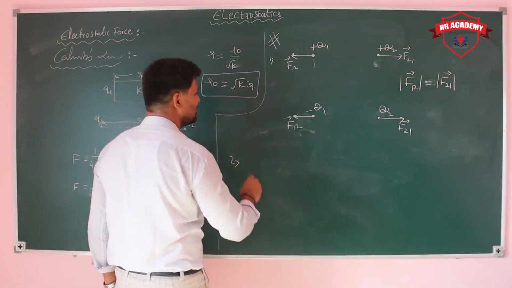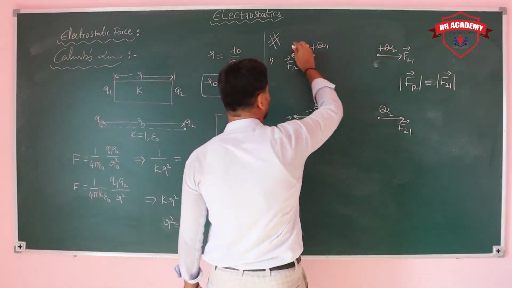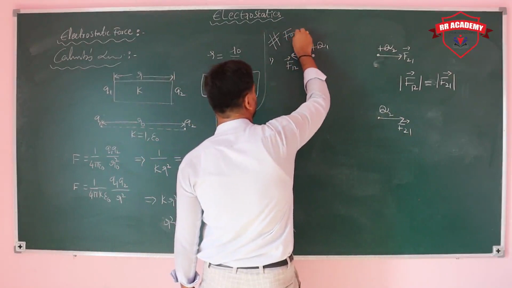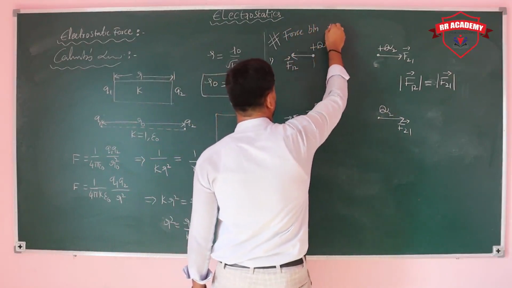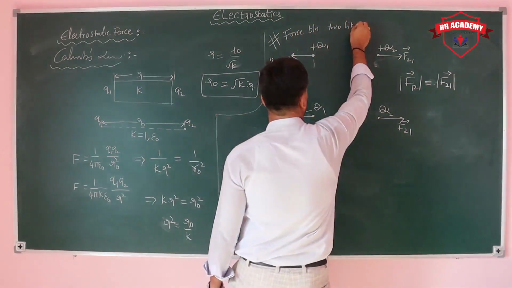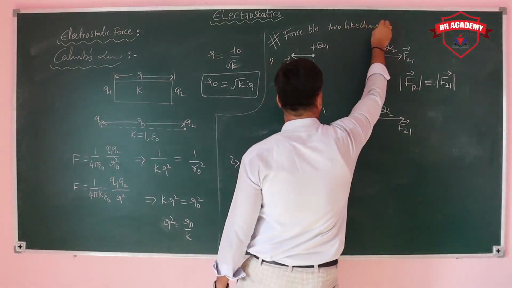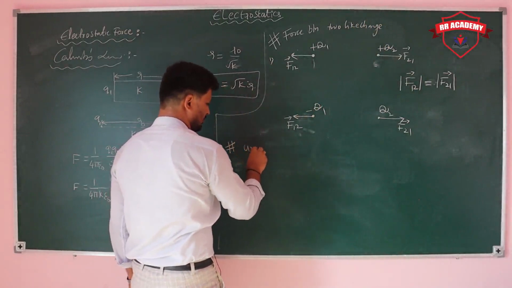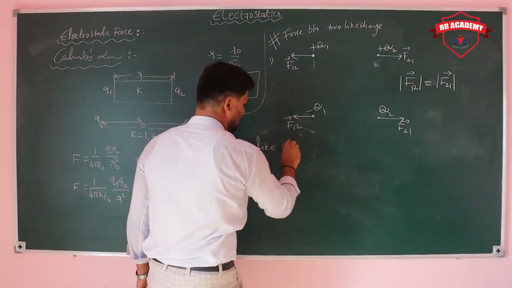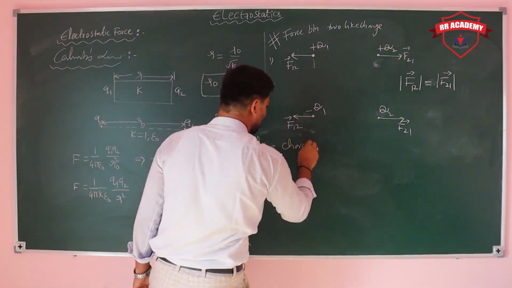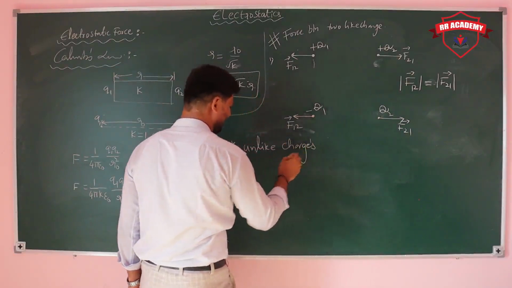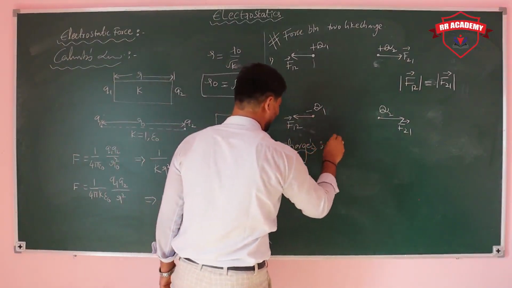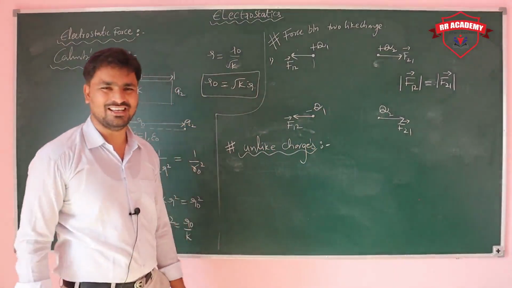The next case: these were like charges, the force between two like charges. Now take two unlike charges. Like charges are enemies, unlike charges are friends.